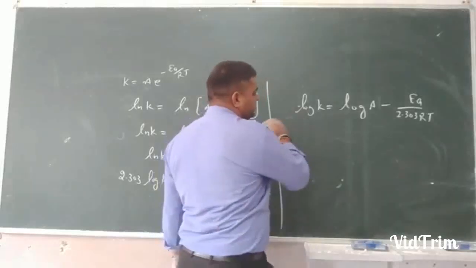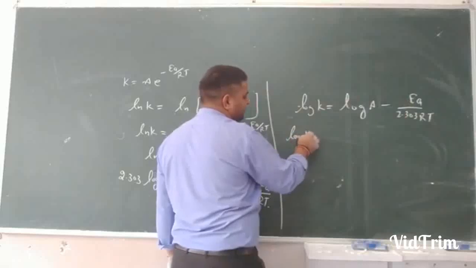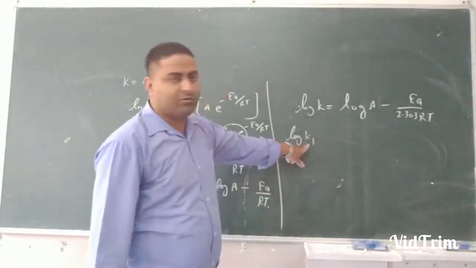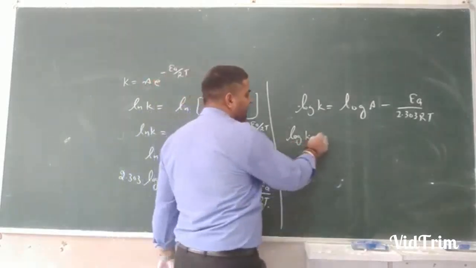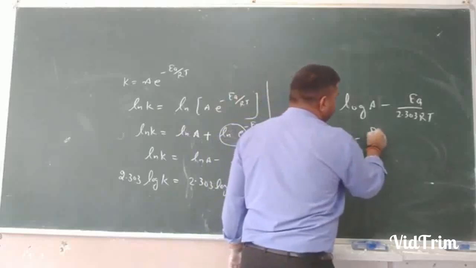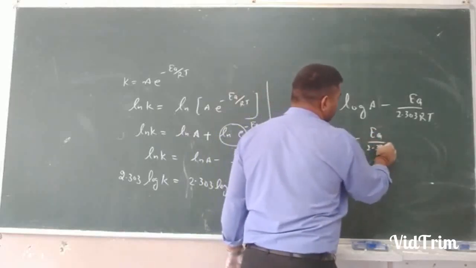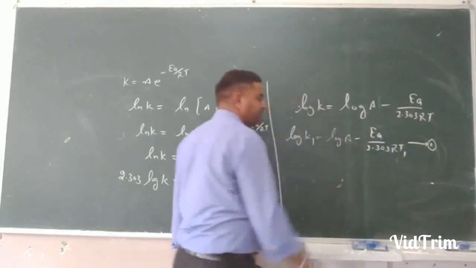Now, let us suppose we have two equations. Let us say a reaction has a rate constant k1 when temperature is T1. So log k1 = log A - Ea/(2.303 R T1). This is equation number 1.